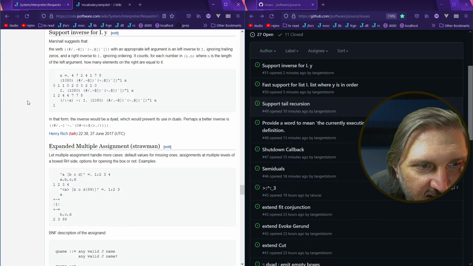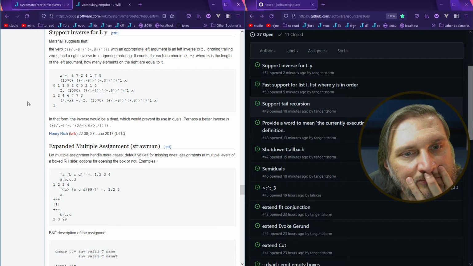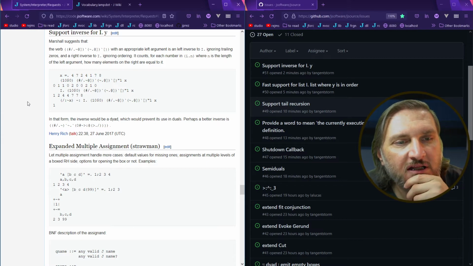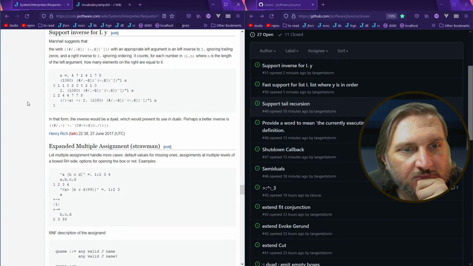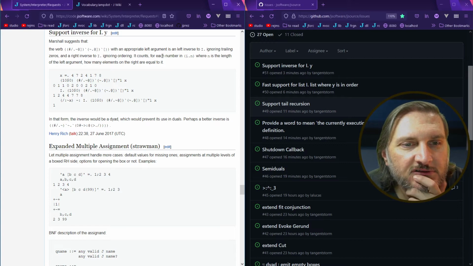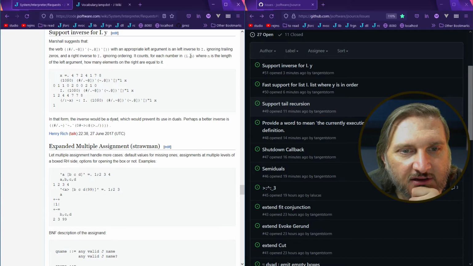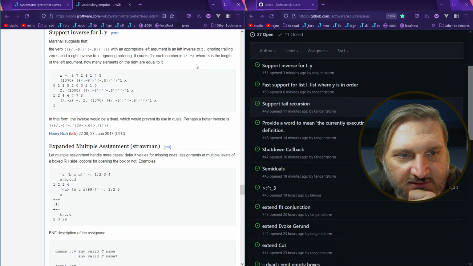For each number, where n is the length of the left argument, how many elements on the right are equal to it? I mean, I understand this. So it counts how many elements on the right are equal to it.